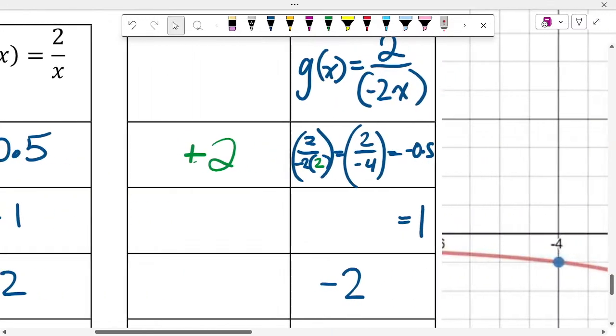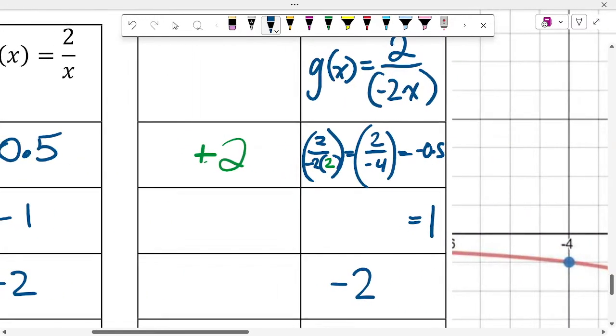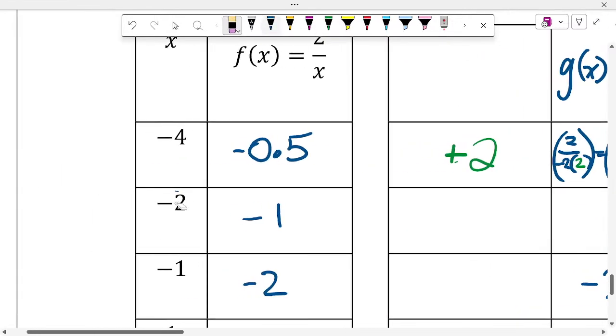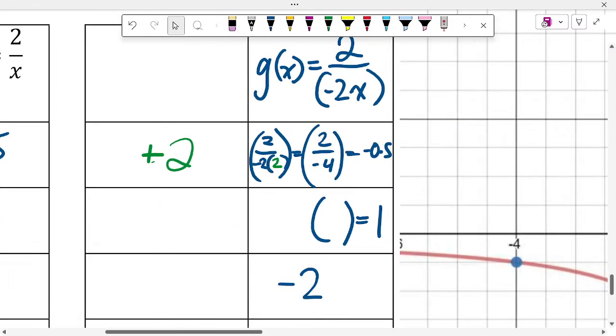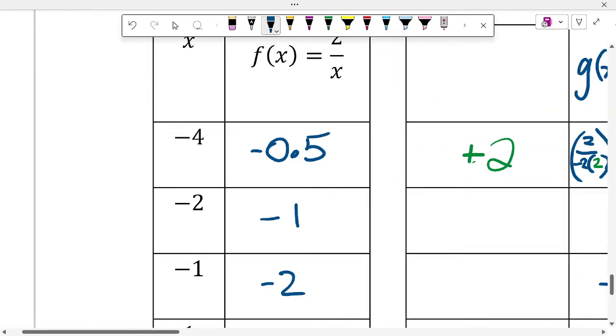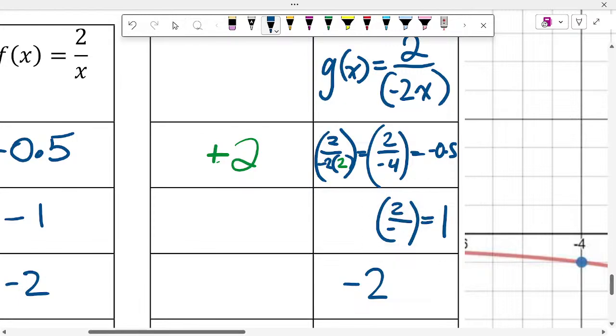But let's try another one. What y value do I want to get out here? 1. And last time, how did I do that? I did 2 over, because the function was 2 over x, right? So I did 2 over what? Negative 2. But in our new function, I don't do 2 over x, I do 2 over negative 2 times x.